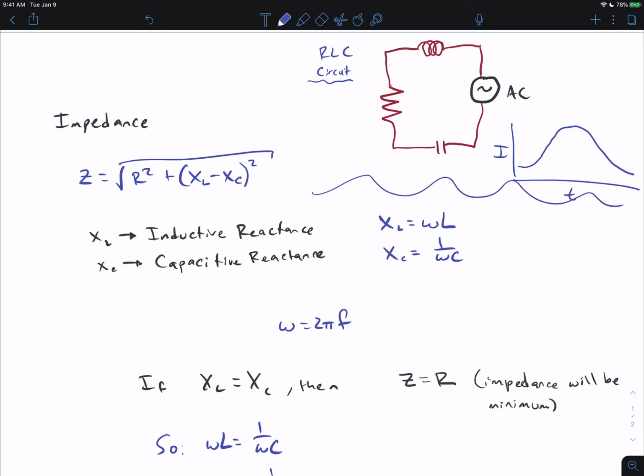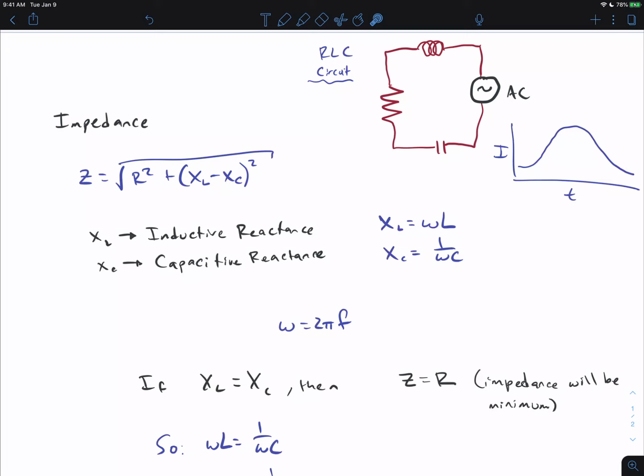So what we want to do is we want to build a circuit that essentially has maximum current only at a certain frequency. So doing this really allows us to control what frequency of current is allowed in my circuit.